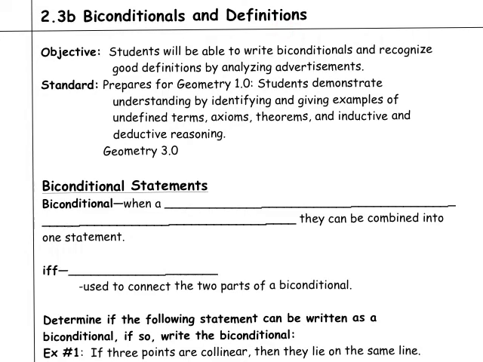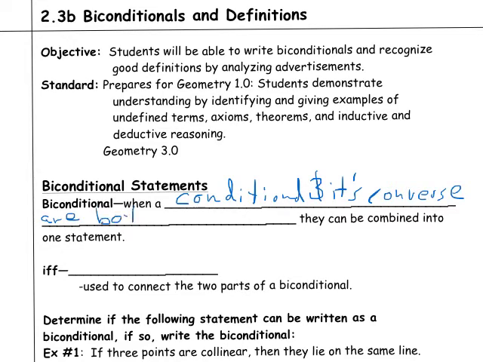So a biconditional, this is when a conditional and its converse are both true. When they're both true, they can be combined into one statement, and this is called a biconditional statement.